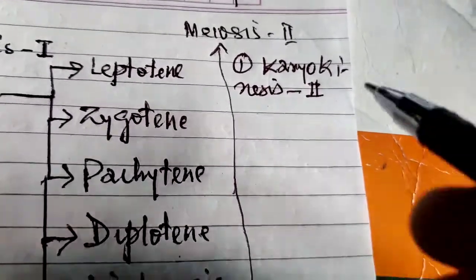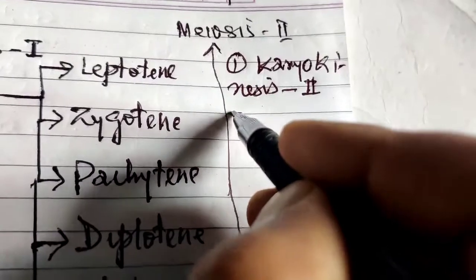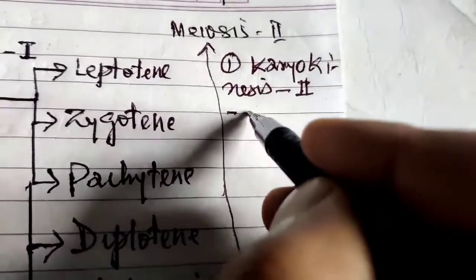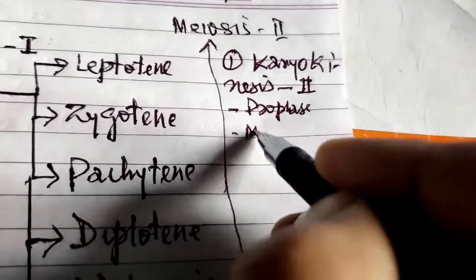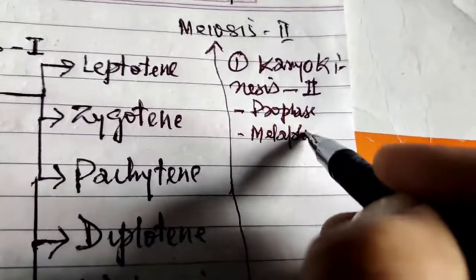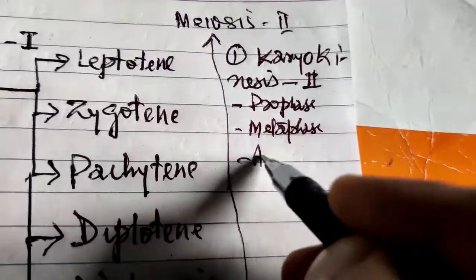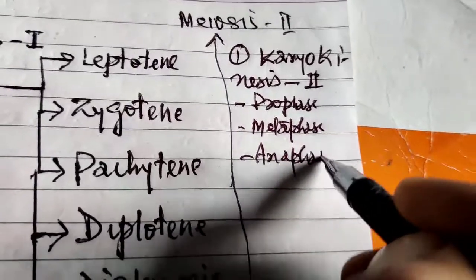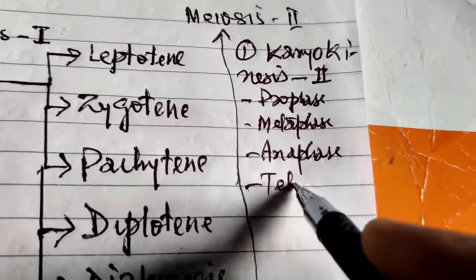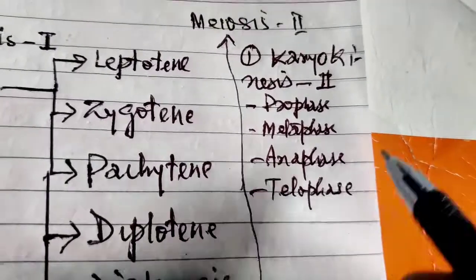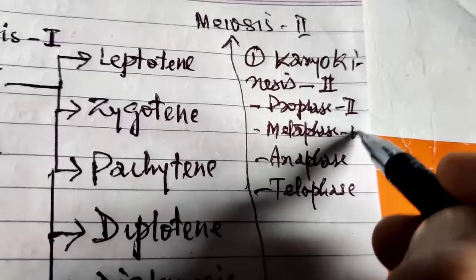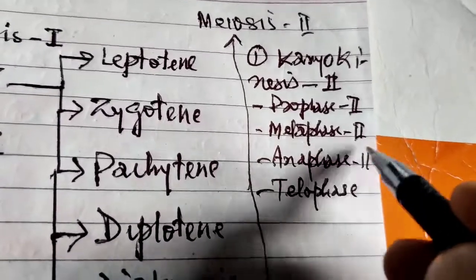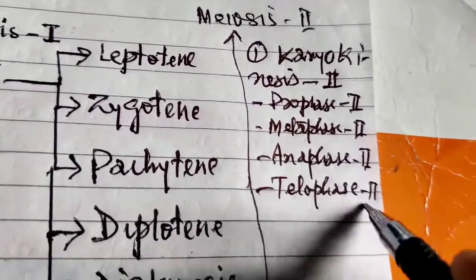Then this karyokinesis again is completed in 4 phases, that is prophase, metaphase, anaphase and telophase, right? But we mark them as prophase second, metaphase second, anaphase second and telophase second.